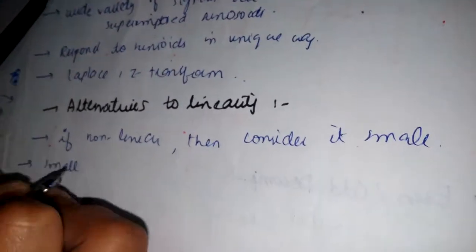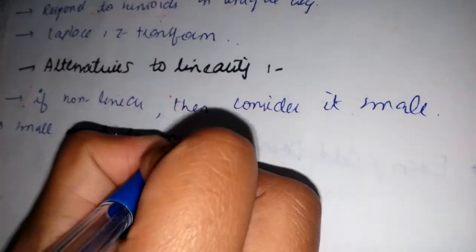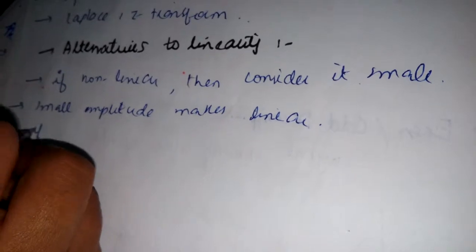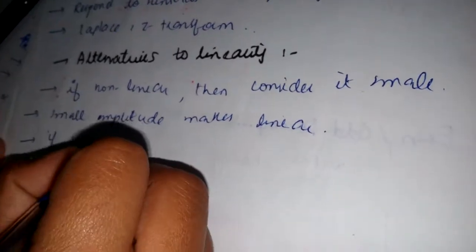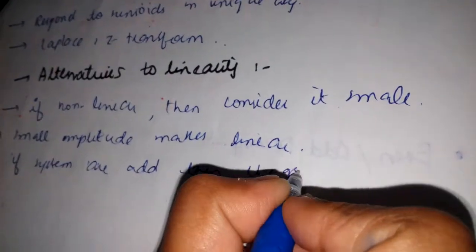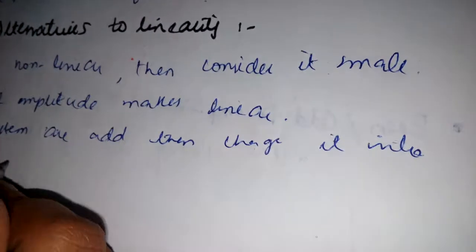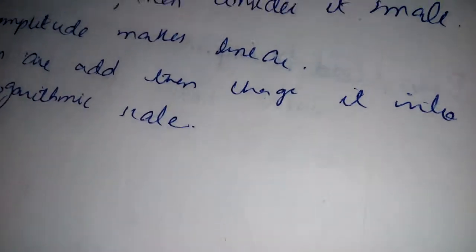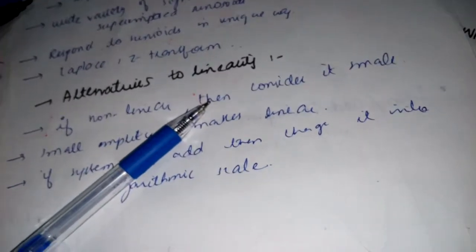Small amplitudes make linear systems. If two systems are added, then change it into a logarithmic scale. It also reduces the complexity. So this is all about decomposition, the types of decomposition, and alternatives to linearity.